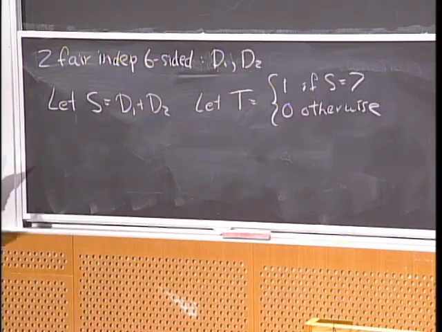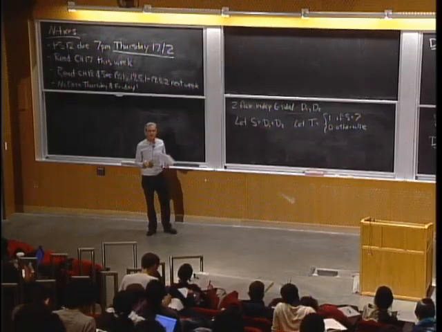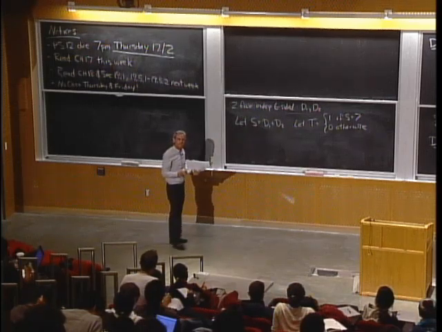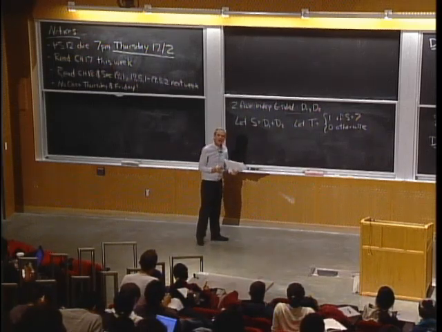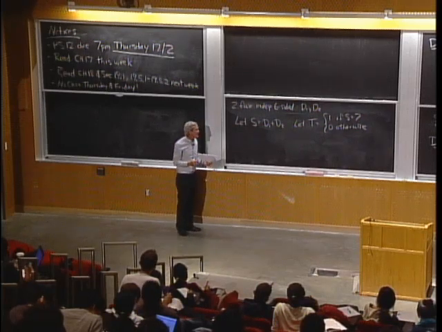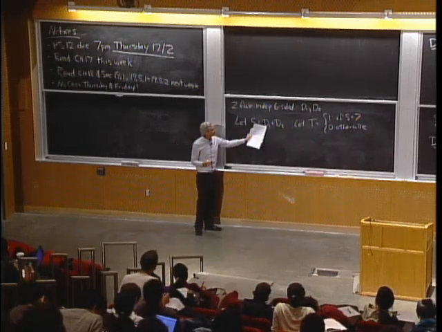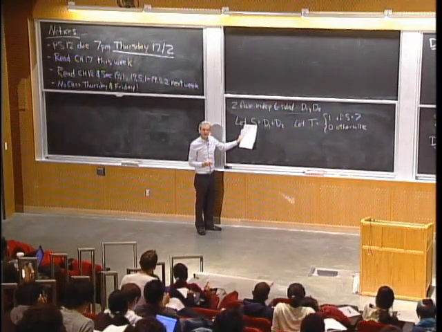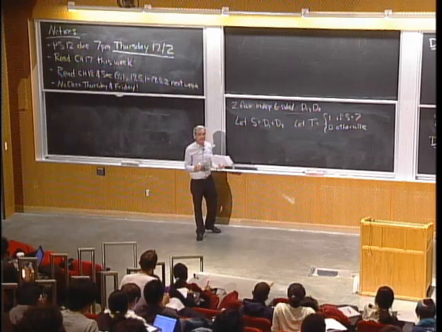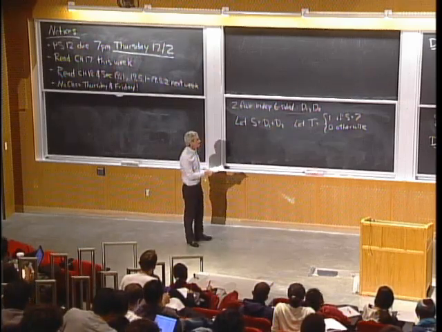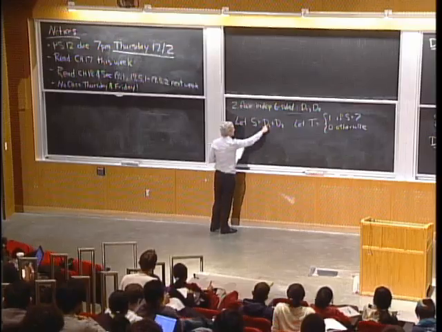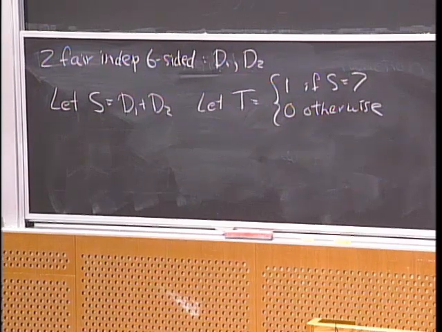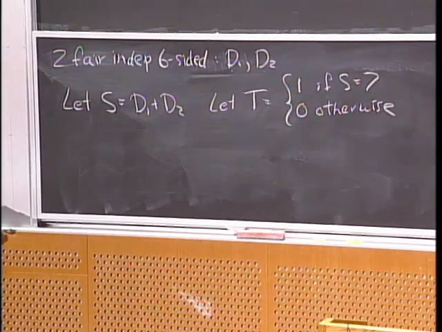Are D1, the first die, and the sum independent? No. Intuitively they're not, because if I know something about the first die, I probably know something about the sum. Now, to really nail that down, you have to give me a value for this which influences the probability that the other attains some value. That's how you would convince me that, in fact, they're dependent.